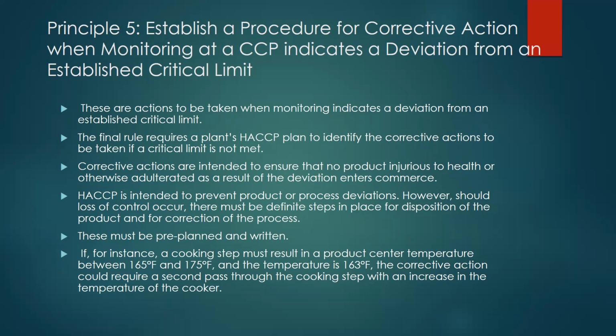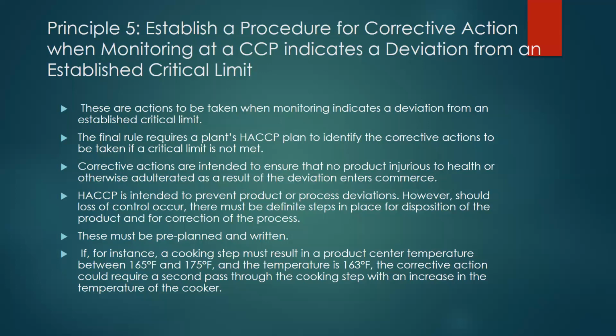Once the critical limit has been identified and monitored, if it is observed that there is a deviation from the established critical limits, these are the actions to be taken. The final rule requires a plan to identify the corrective action to be taken if a critical limit is not met. Corrective actions are intended to ensure that no product injurious to health or otherwise adulterated as a result of the deviation enters commerce.